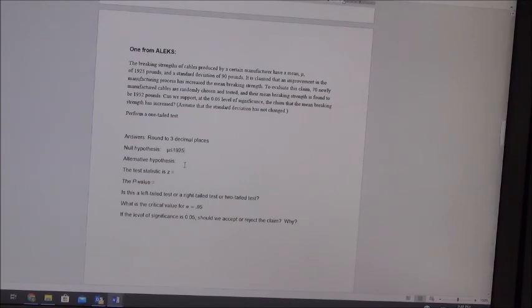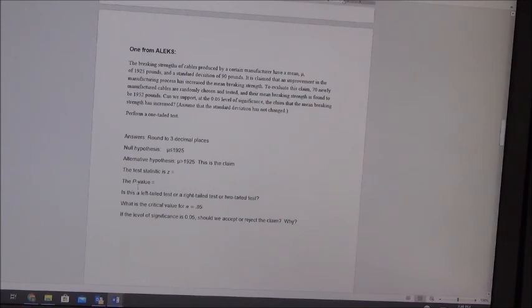My alternative hypothesis is what the claim is, which means is the mean greater than 1,925. This is the claim. Right? Can we support the claim that it has increased?